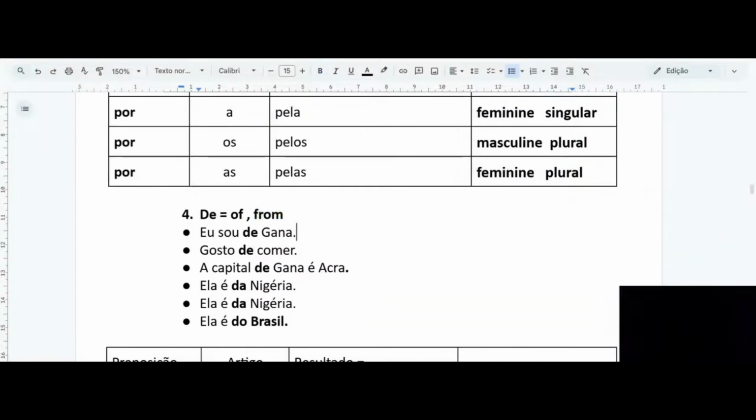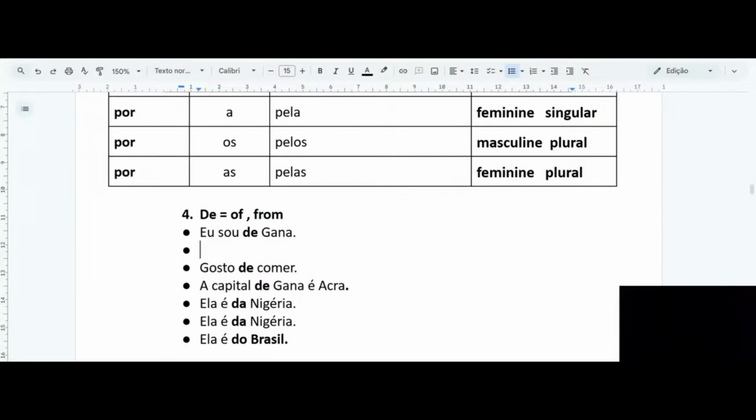Someone says, Eu sou de Nigéria, eu sou de Ghana, eu sou de Jamaica, eu sou do Peru, eu sou de Angola. So, I'm from Ghana. Can you say, I am of Ghana? I will say that I'm from Ghana.